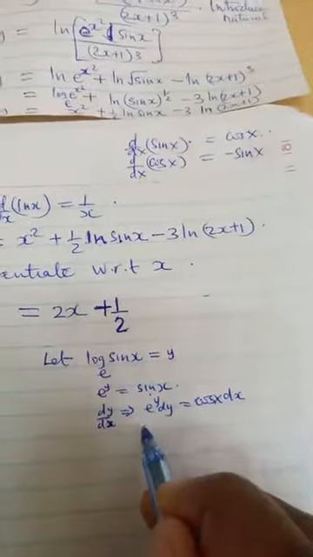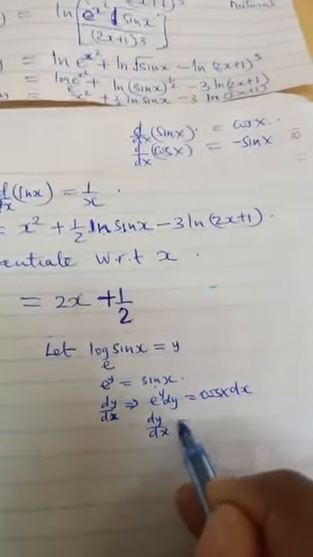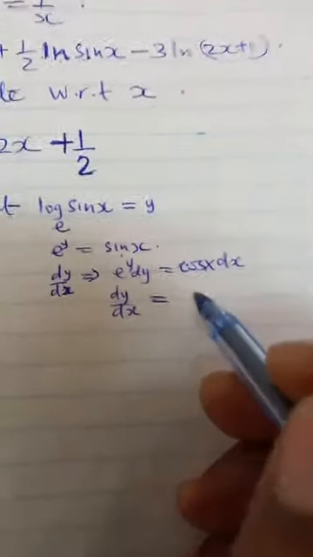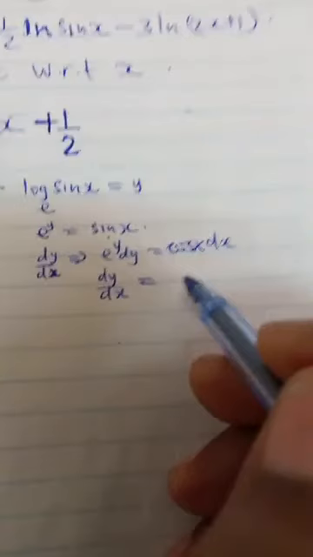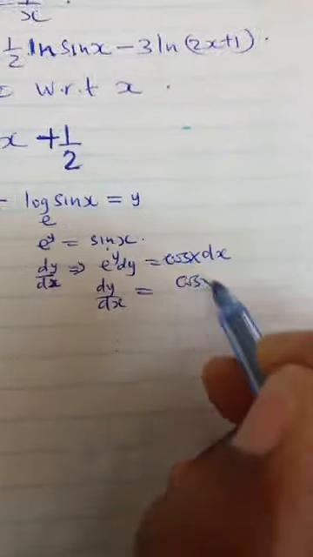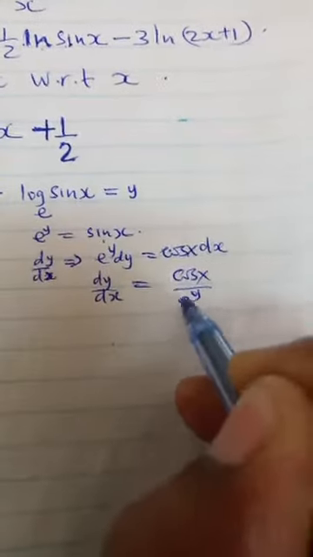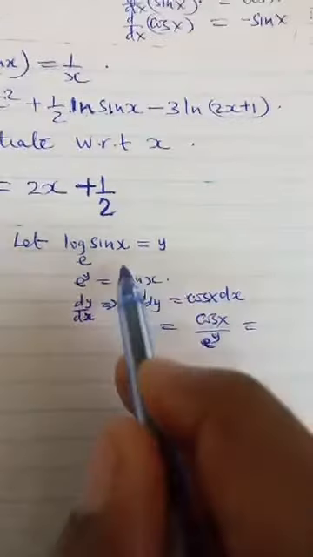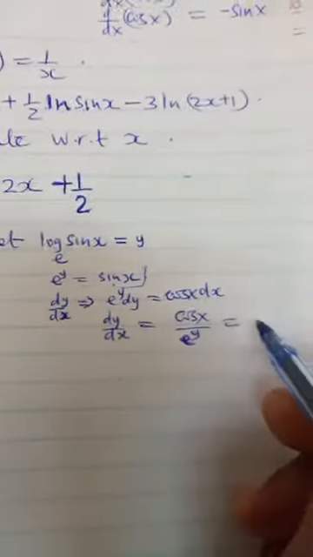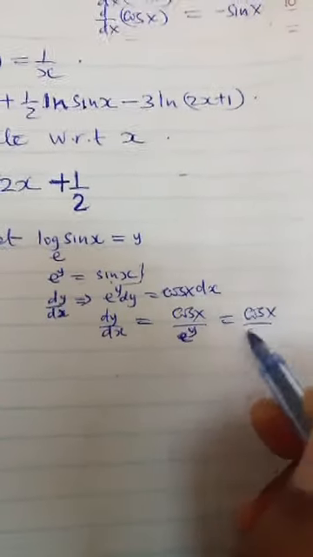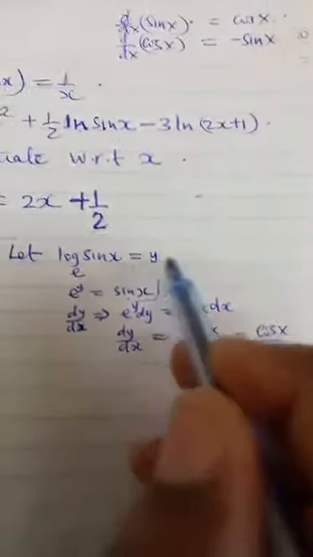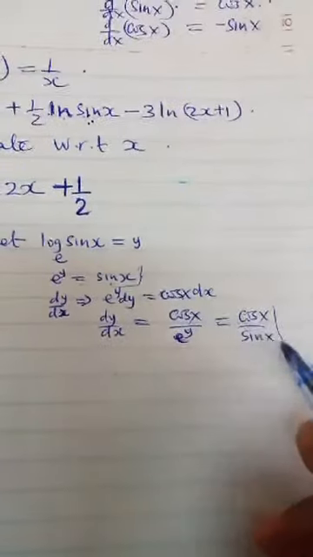But I want to get dy by dx. So my dy by dx here is cos x over e to the y, but my e to the y is sine x, so it means that if we differentiate this, which we have here, we will get cos x over sine x.